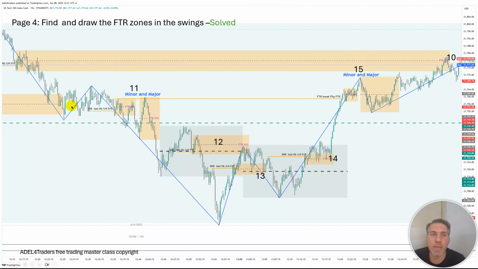Now this is broken. I haven't plotted this one. It should have been done. Why? Because I wanted to teach you this major and minor. So sometimes we have this higher high. It is even possible to have some FTR inside FTR because of the fractality of the market. So here we have the true SNR, which is leading to this higher high in this movement.